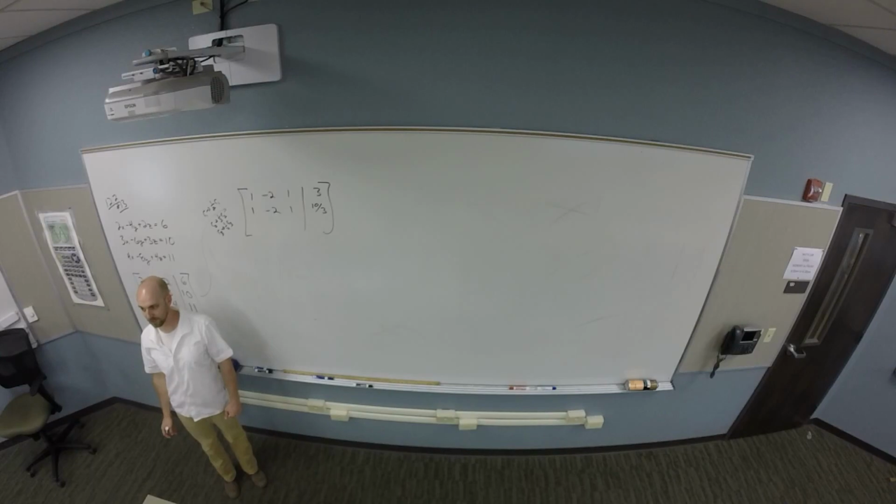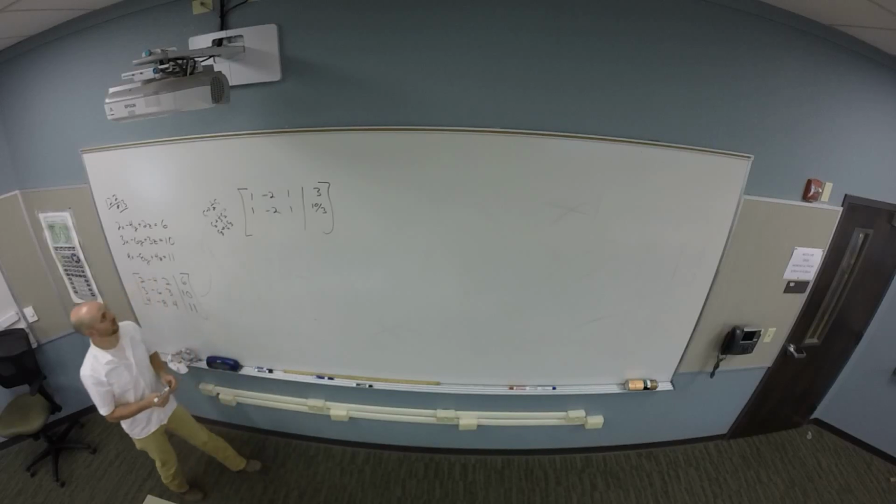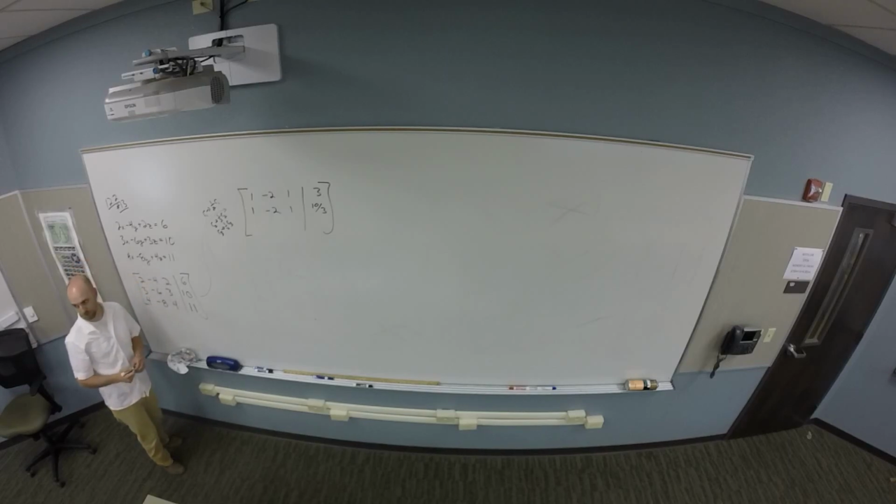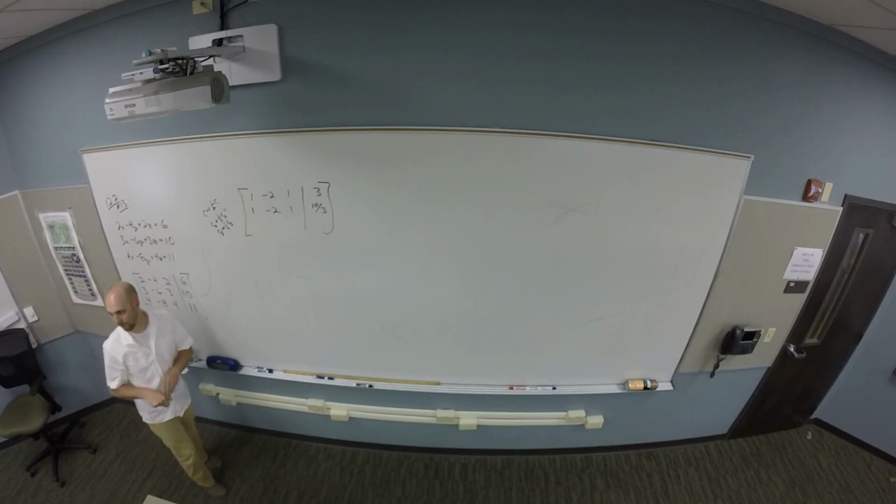You guys see that? So I'm dividing the top row by 2. So 1 divided by 2 is 1, negative 4 divided by 2 is negative 2, and so forth. Cool?